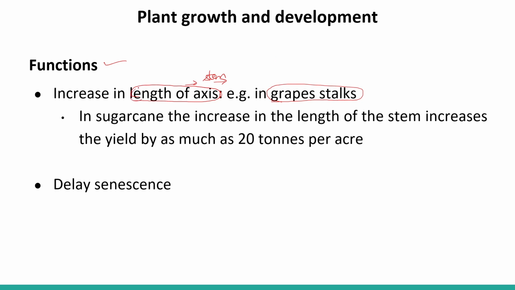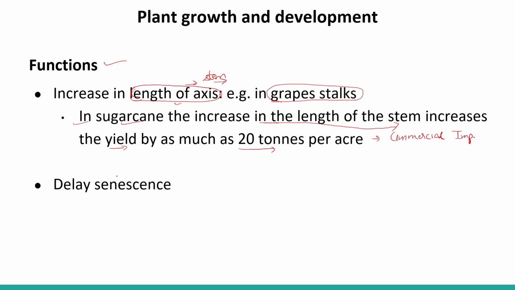Similarly, if we apply exogenous gibberellic acid, there is an increase in the length of the axis. One example I have given is sugarcane. The increase in the length of the stem increases the yield in sugarcane by as much as 20 tons per acre. So this is the commercial importance of gibberellic acid.